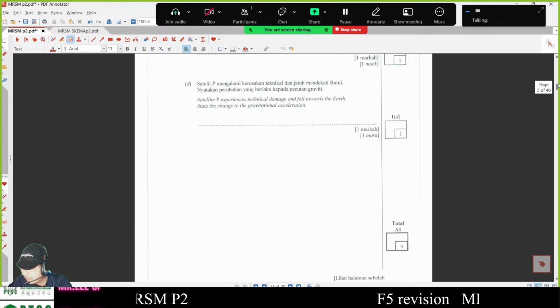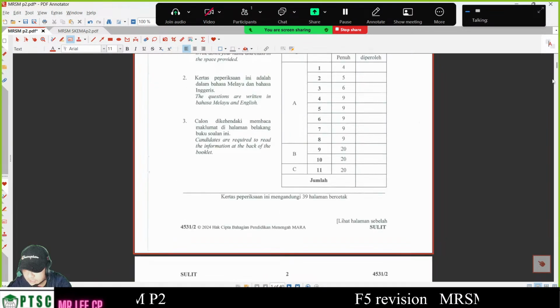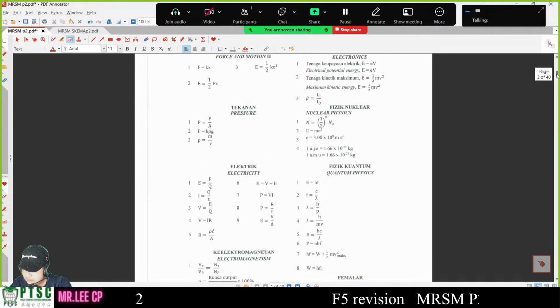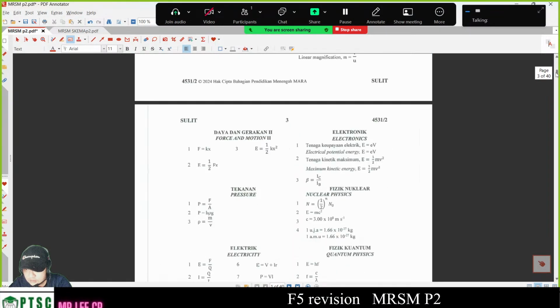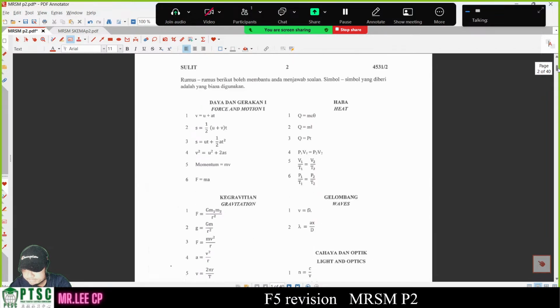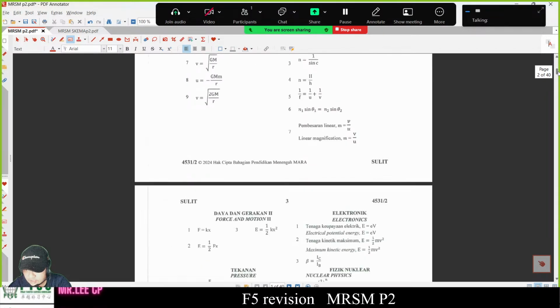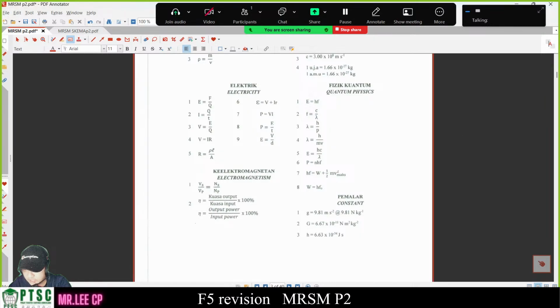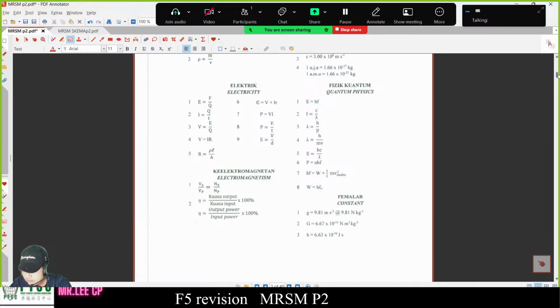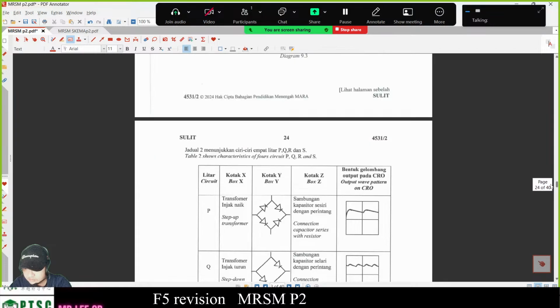Half mv square, right? The formula is not given, but you just need to memorize it: half mv square.